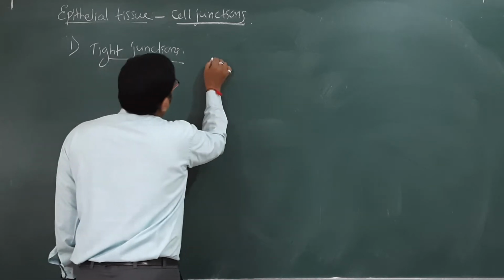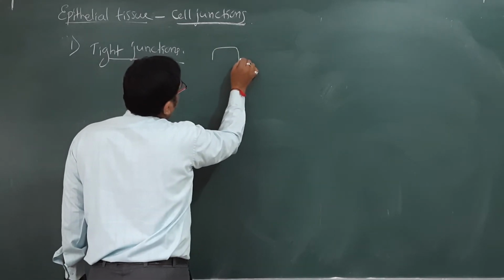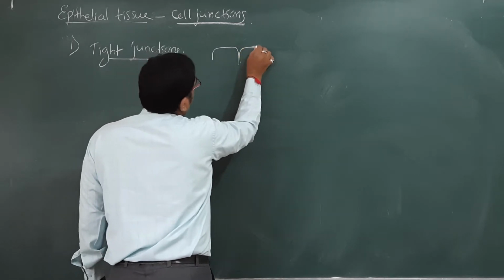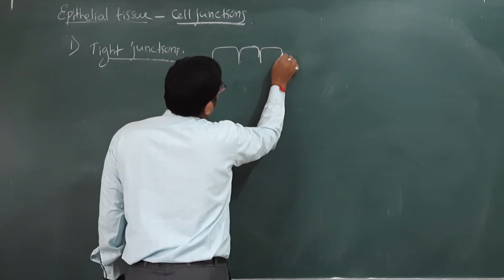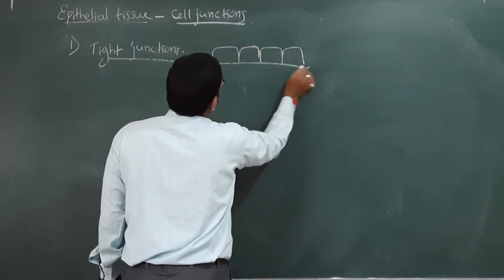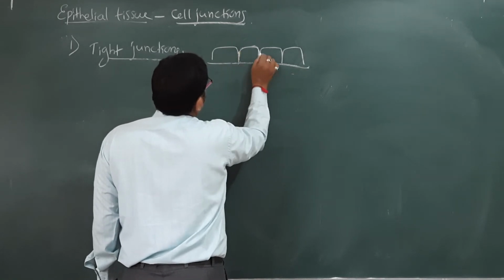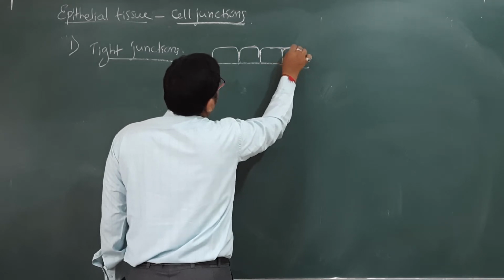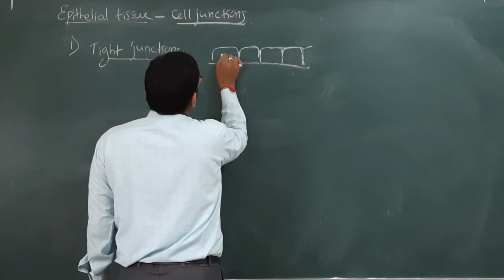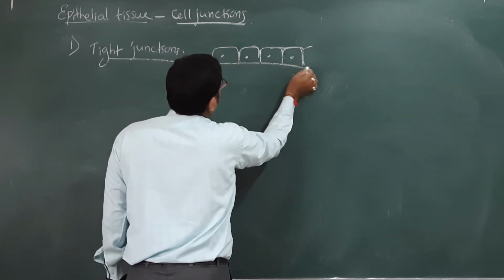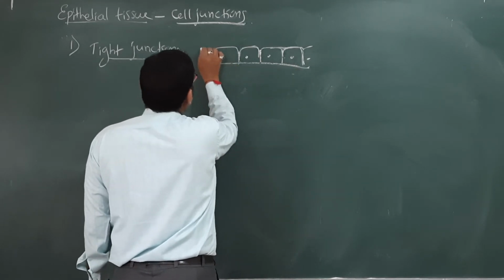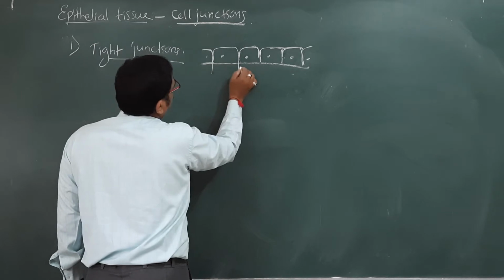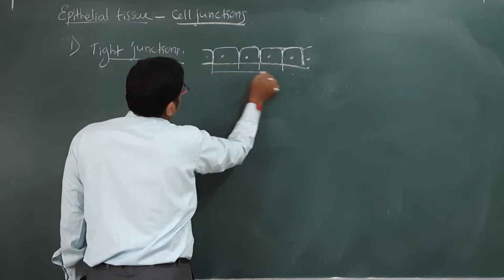Tight junction means the cells of the epithelium are without any kind of gap. The cells are in very close contact. So these are the tight junctions.